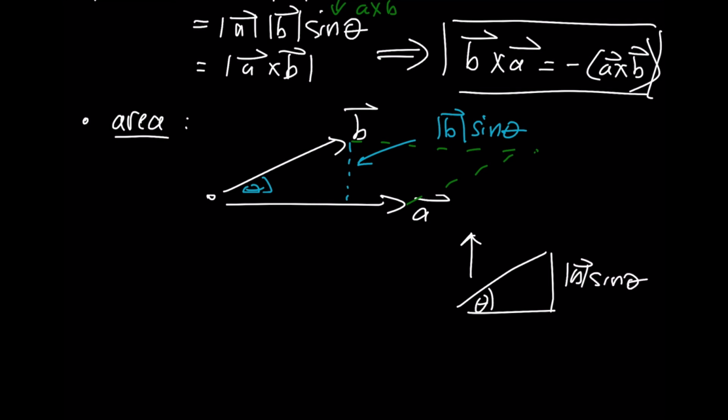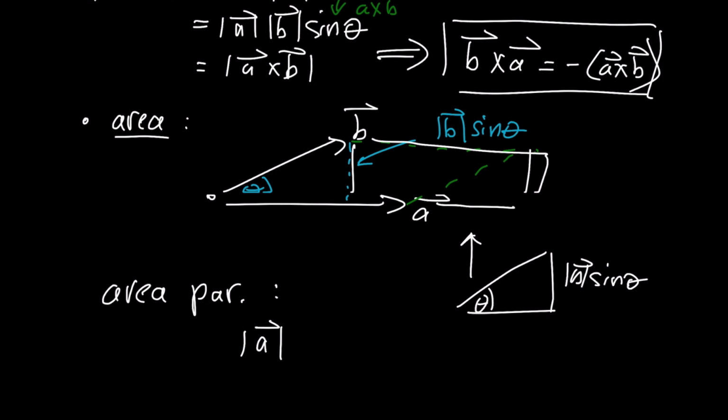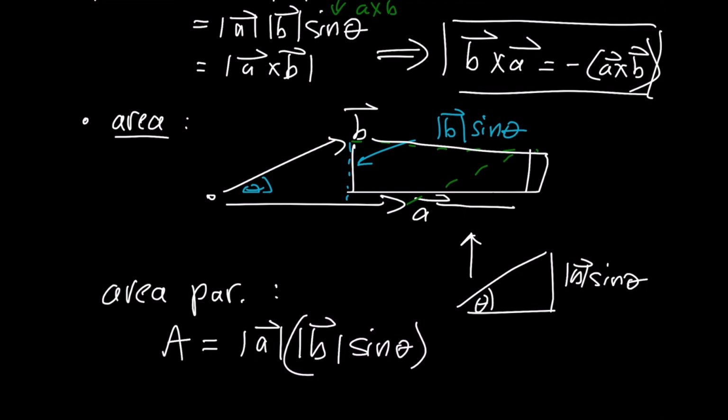So that means that the area of this parallelogram is just the length of the bottom vector times the height. It would essentially form a new rectangle, just like this. And this area then would be AB sine of the angle between them, which is just the length of that cross product vector.